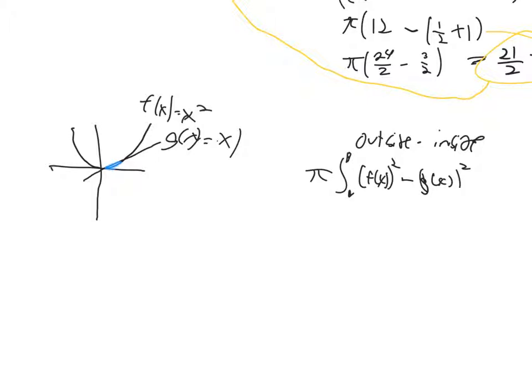For this particular one, I'm going to put the limits of 0 and 1 on it, so we don't have to find that. And I'm going to find what the solid of this revolution would be. Let me map it out for you.